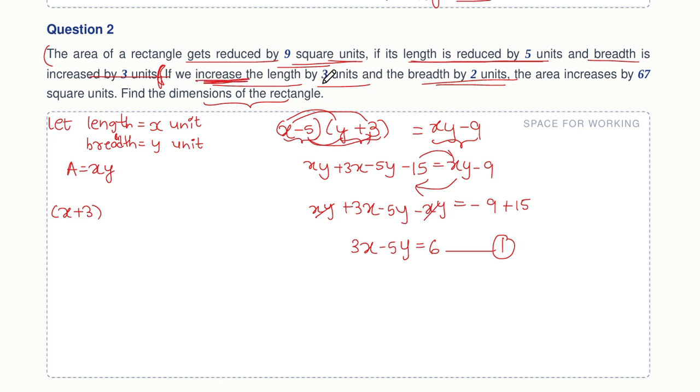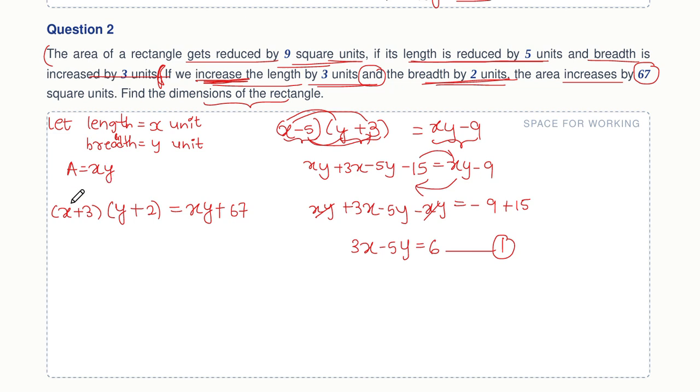If we increase the length by 3 units and breadth by 2 units, means length is increased by 3 units and breadth, y, is also increased by 2 units. So in that case, what is our area? Area is xy. So area will also increase if you increase both things. So the area increased by 67 units. That means xy plus 67.